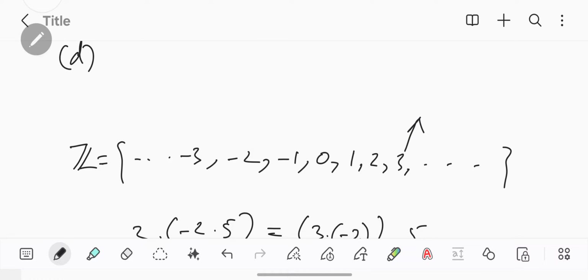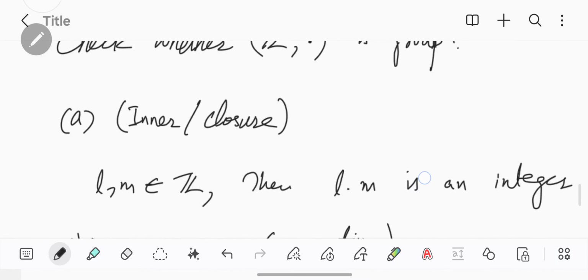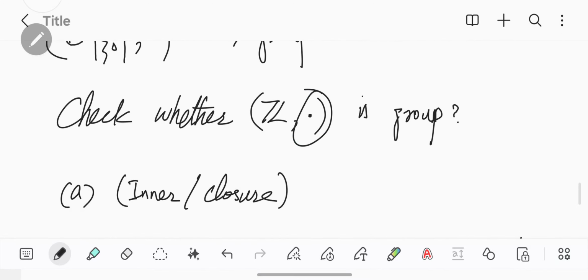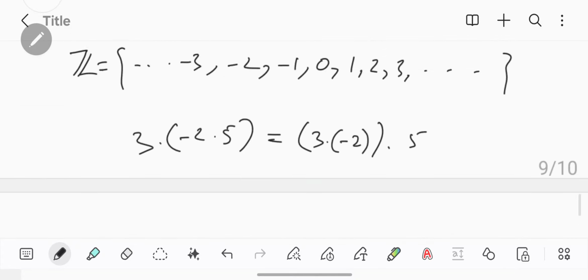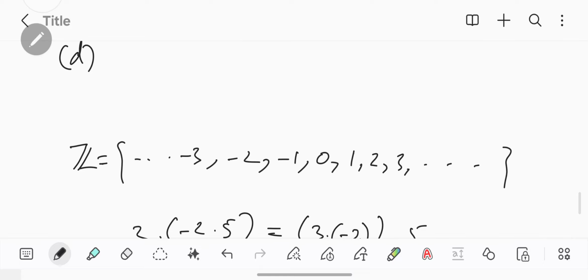There are two types of inverses. One is multiplicative and the other one is additive inverse. But here we are talking about the multiplicative group because we are talking about Z as a multiplicative group. We will check whether it has a multiplicative inverse or not.